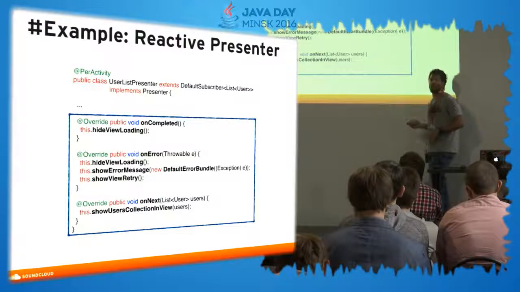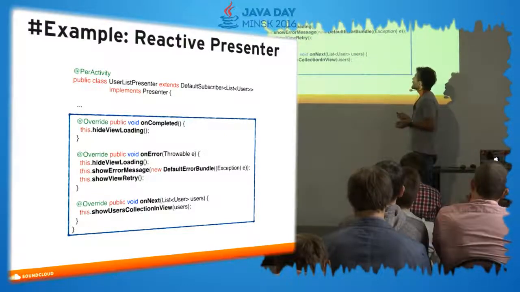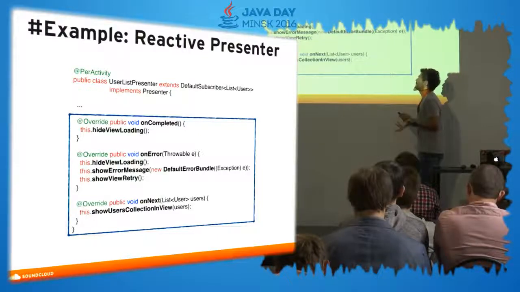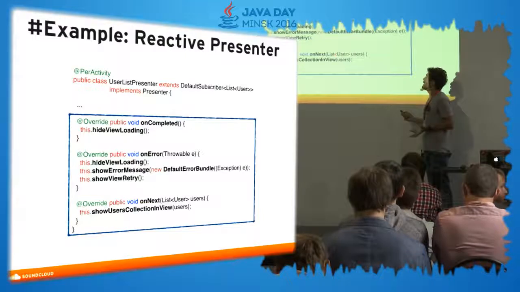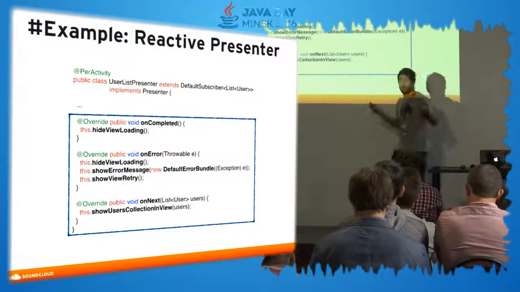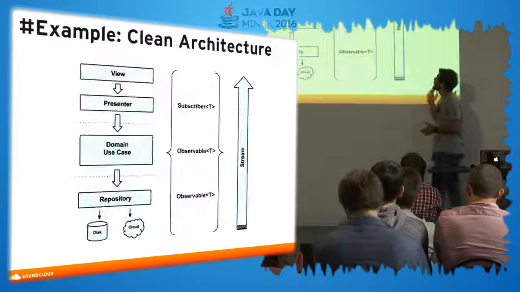This is no more than a model view presenter pattern. I'm just telling my view what to do from my presenter. And when I get my list of users, I'm just going to tell my view to show them in some shape or form.